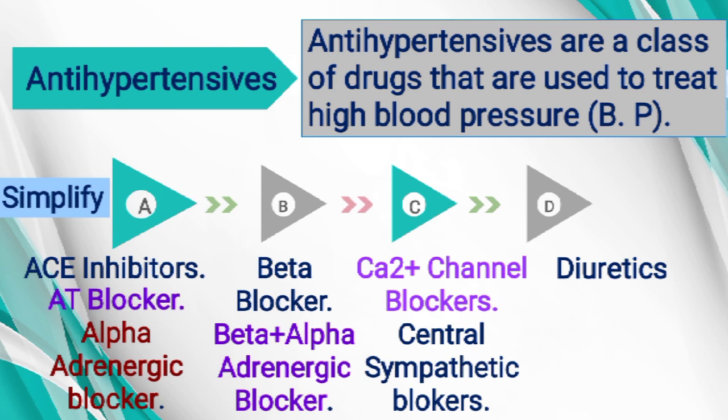In category B: beta blocker, beta alpha adrenergic blocker. In C: calcium channel blocker and central sympathetic blockers. And D is diuretic.